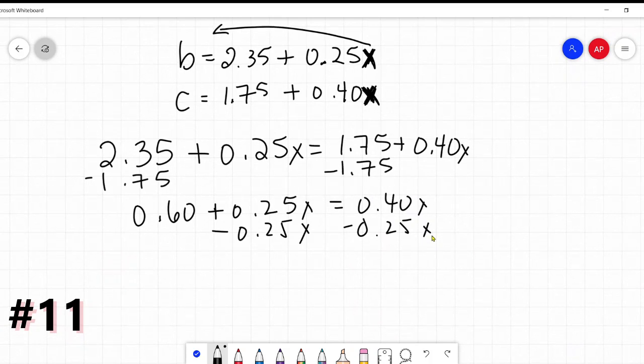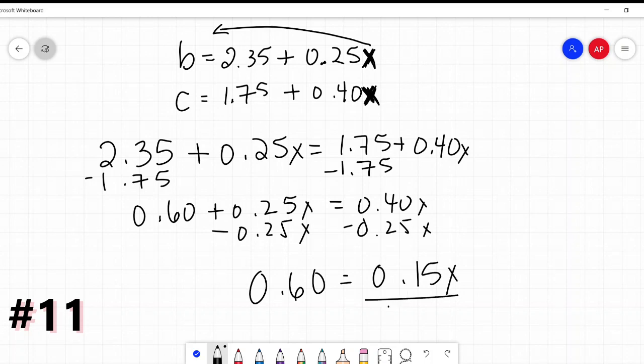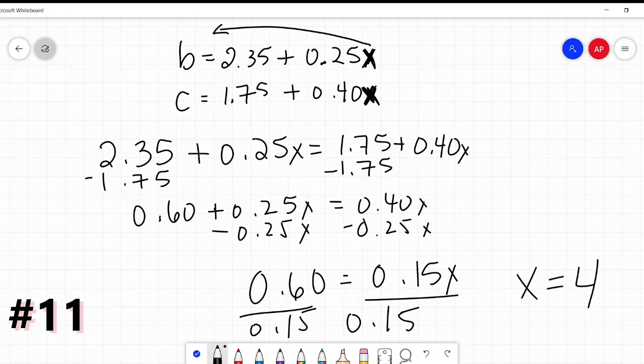And that gives me 0.60 equals 0.15x. I'm going to divide by 0.15. This is going to be the same as 60 divided by 15. So x is equal to 4.